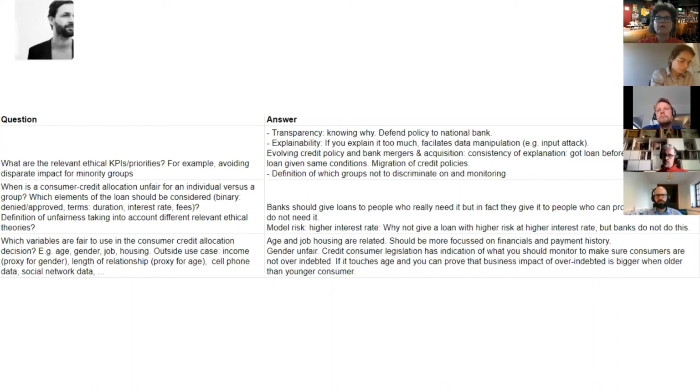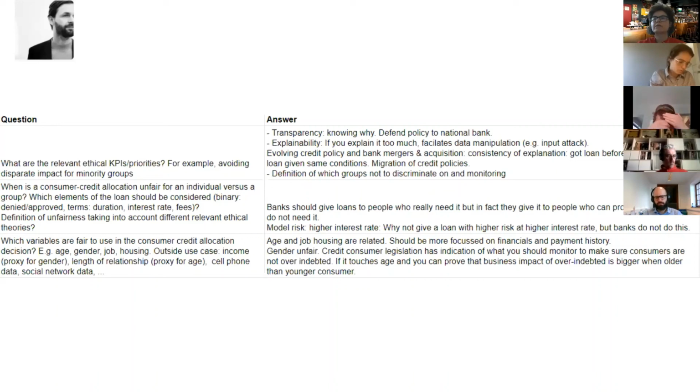That brings me to the last question. We didn't debate too much on that. So which variables are fair to use? We basically said that age and job housing are somewhat correlated. So it's debatable whether you can use whether someone rents a house or owns a house, because if you're too young, you probably will not own a house. That was a question we had.